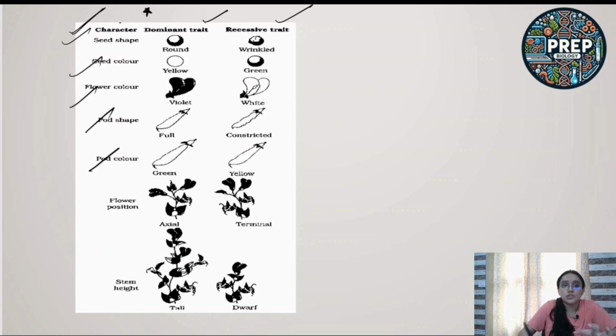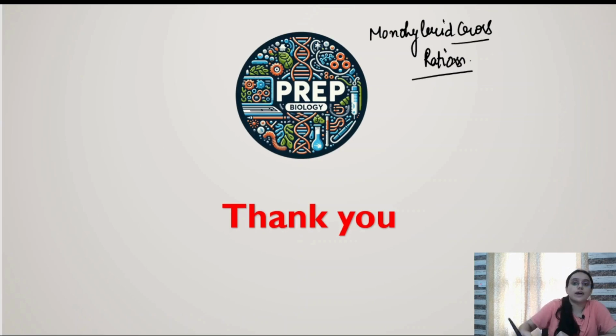You may have questions like: draw a monohybrid cross of the flower color. So you should know the traits of flower color, and which one is dominant and which one is recessive. If you remember this chart, then you can solve these kinds of crosses and find out the ratios.